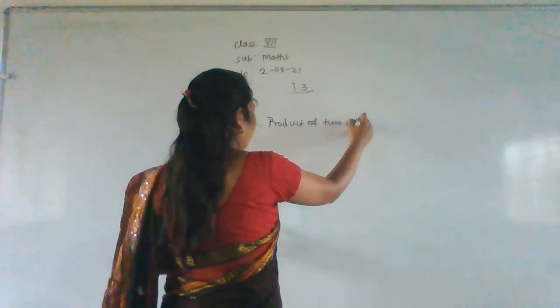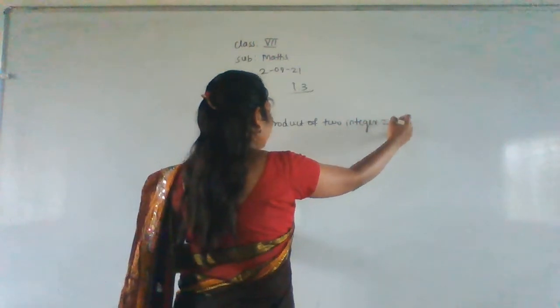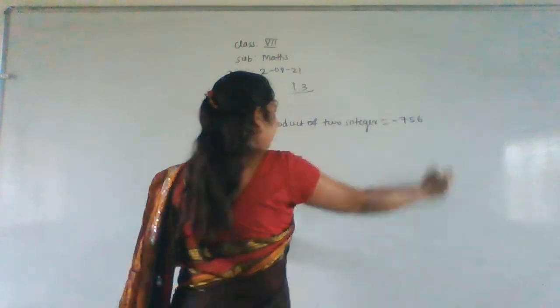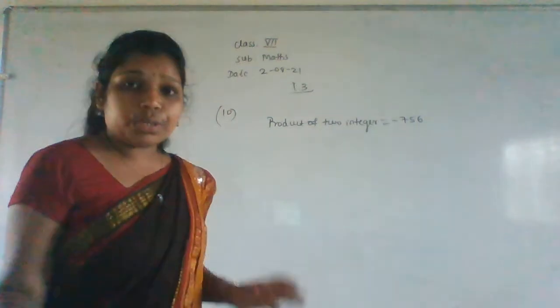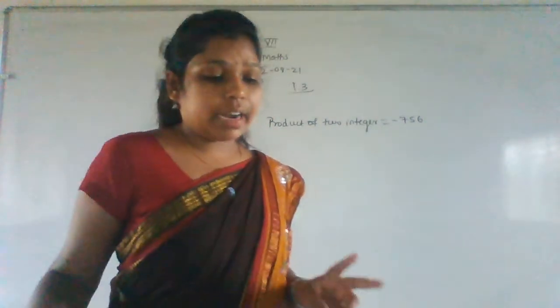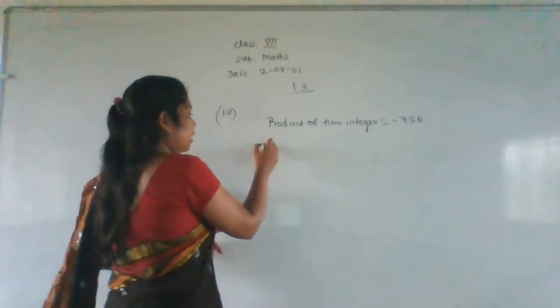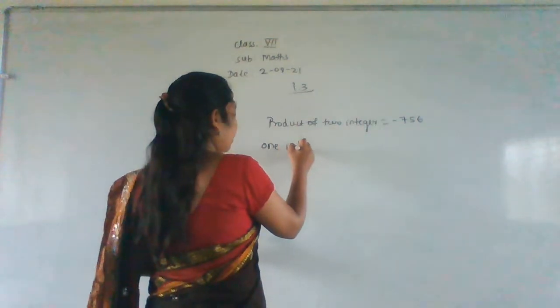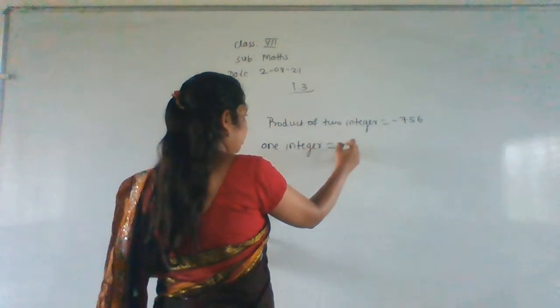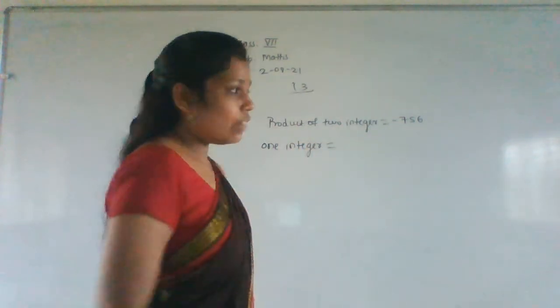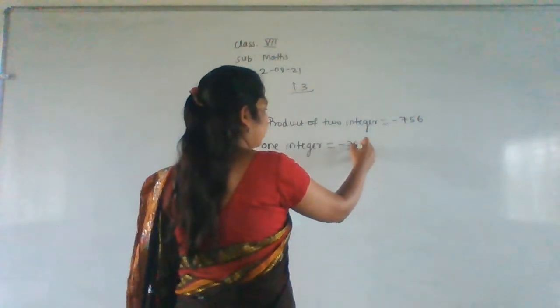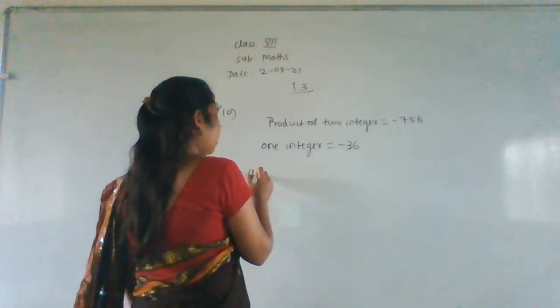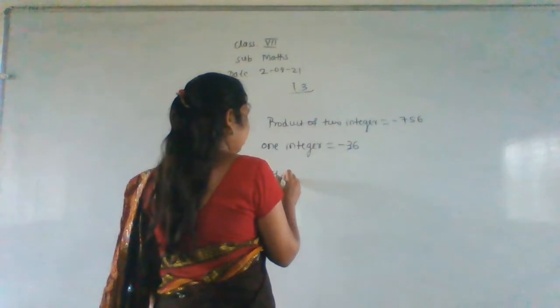The product of two integers is minus 756, and one integer is minus 36. We have to find the other integer.